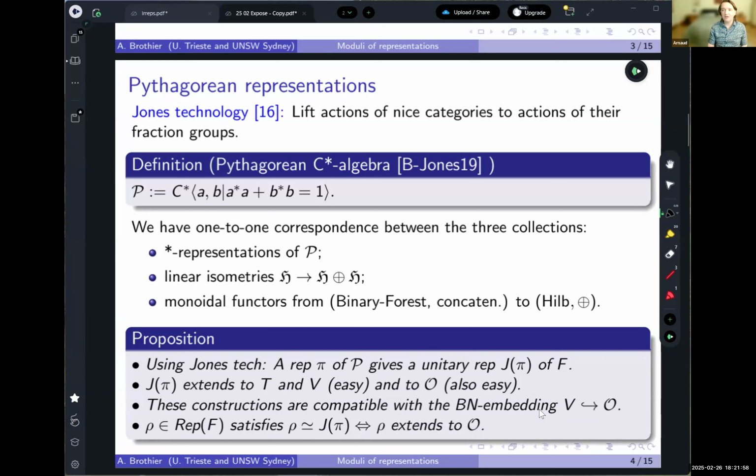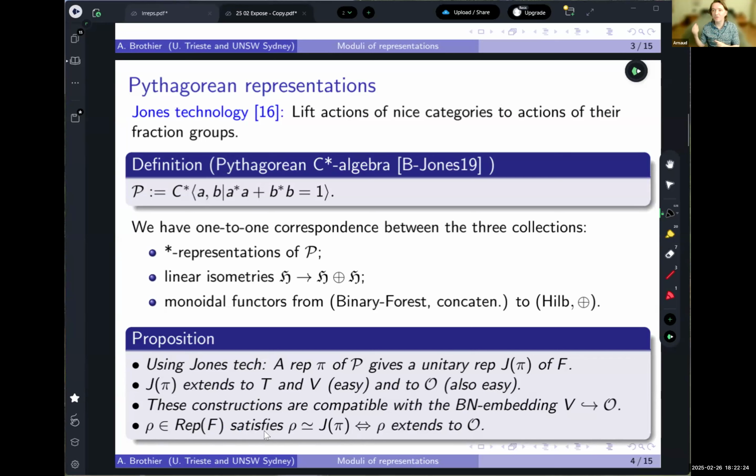In fact, so now I can also answer a question from before, which was about this specific class of unitary representation: we don't get all of them. And in fact, it's interesting to note that the representations of F you get are exactly those that extend to the Cuntz algebra.